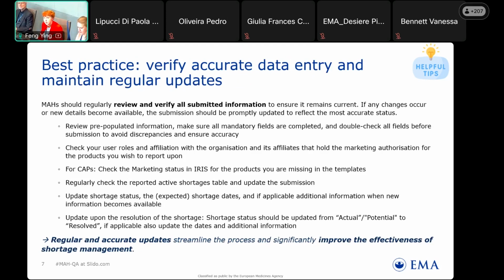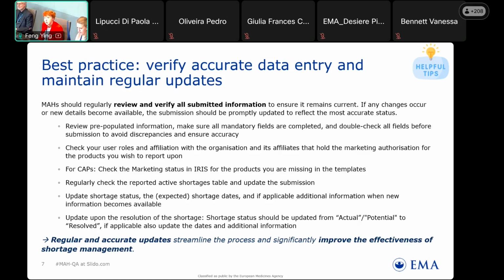Of course, you should regularly review and verify all the submitted information. And if any changes occur, then the submission should be updated to reflect the most accurate status as soon as possible. So do review the pre-populated information, make sure all the mandatory fields are completed, double check all the fields before the submission to avoid discrepancies.